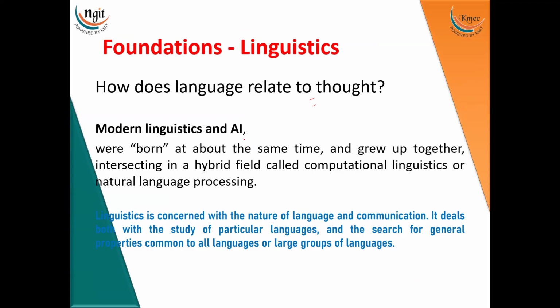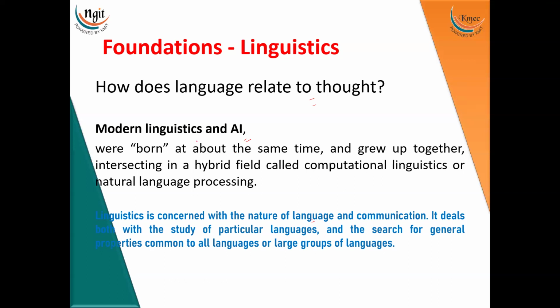And then the last foundation is, how does language relate to thought? That is modern linguistics and AI. Linguistics is concerned with the nature of language and communication. It deals with both the study of a particular language and the search for general properties common to all languages, or a large group of languages.